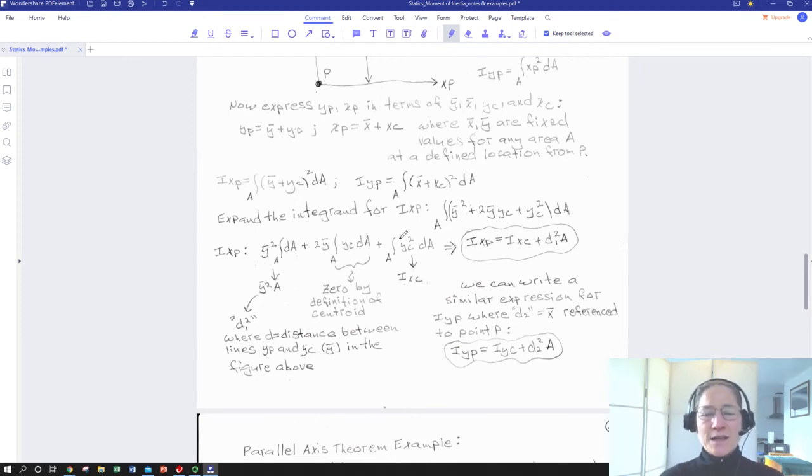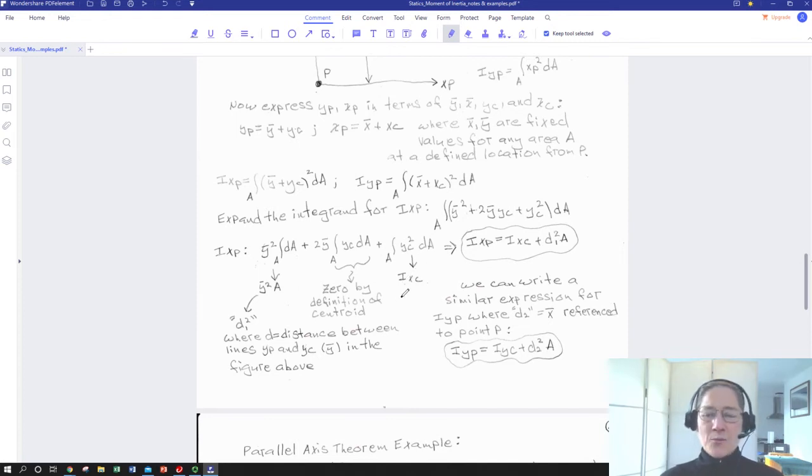And last but not least, we've got the moment of inertia about the x-axis that goes through the centroid. We've got y sub c, so that's the distance of our area unit from the x-axis through the centroid. So this is our moment of inertia about the x-axis through the centroid.